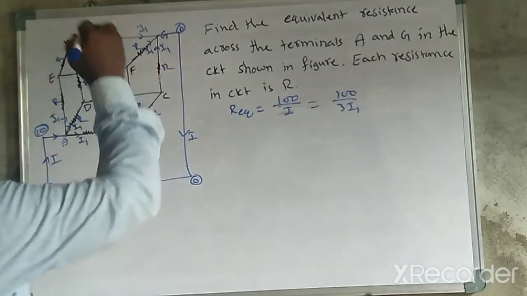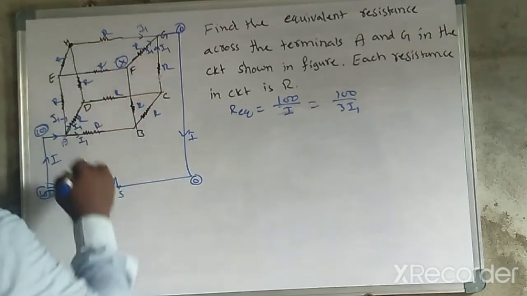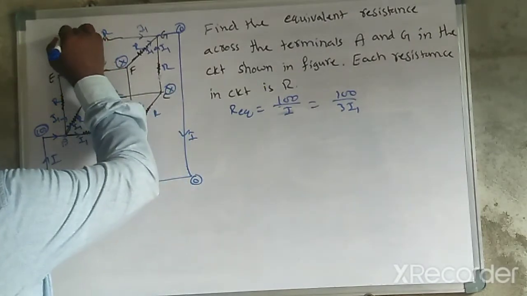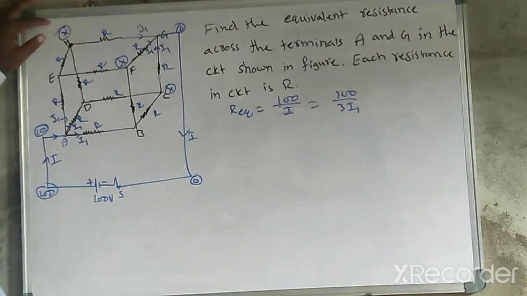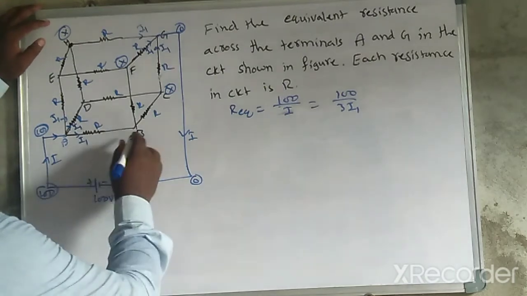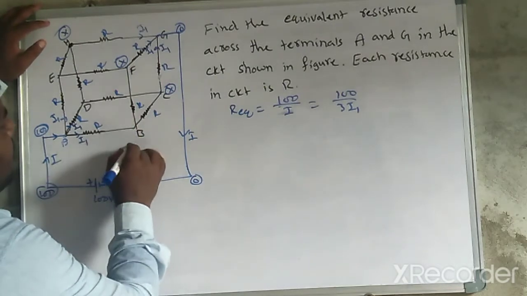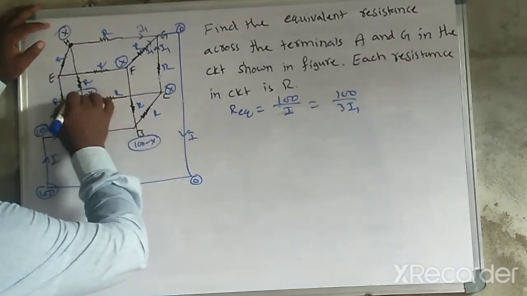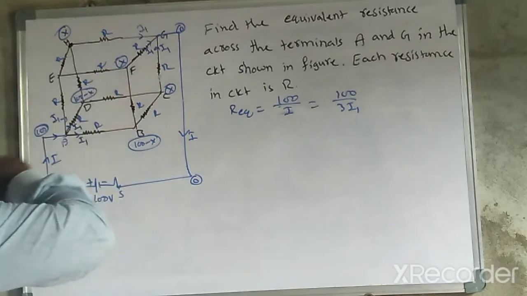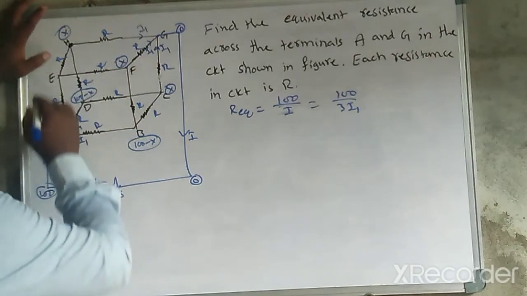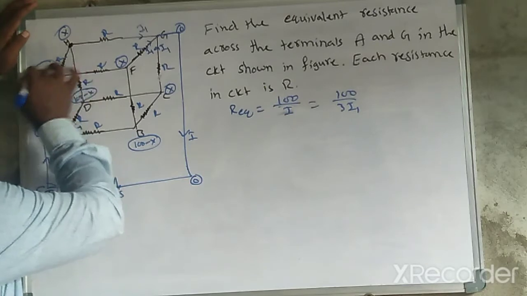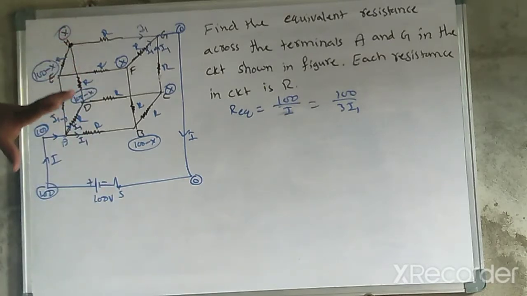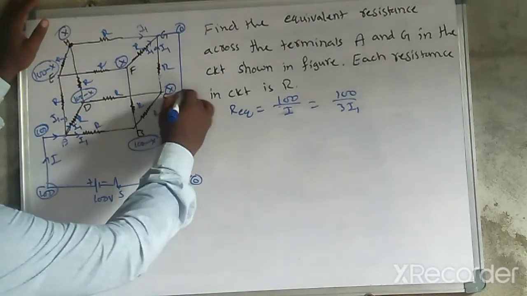This point I would like to consider potential X. This point potential is also X, and after crossing this resistor, this point is also X. For the remaining ones, the potential is 100 minus X. Once we know all the potentials, you may find the X value.